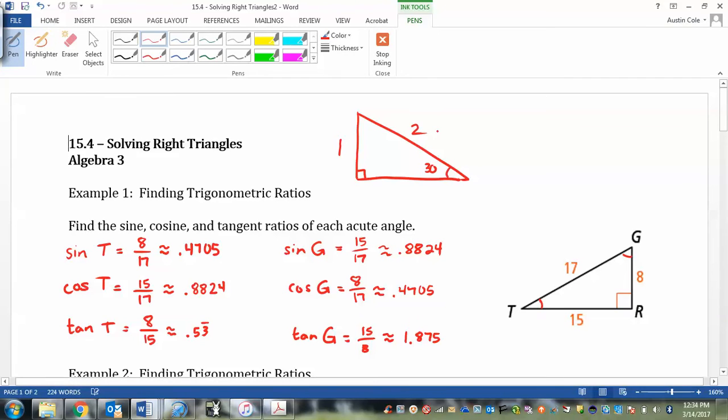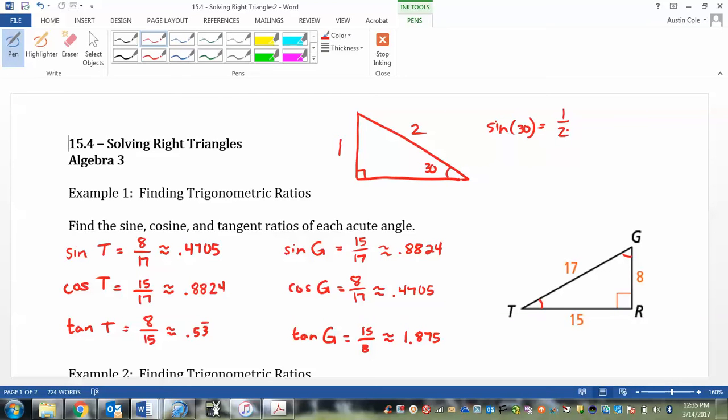It's 2. Okay, so if I want to find the sine of 30 degrees, that is my opposite over my hypotenuse. 1 divided by 2, 1 over 2. So what's the sine of 30 degrees? 1/2, 0.5. Do sine 30 in your calculators. Go. 0.5.